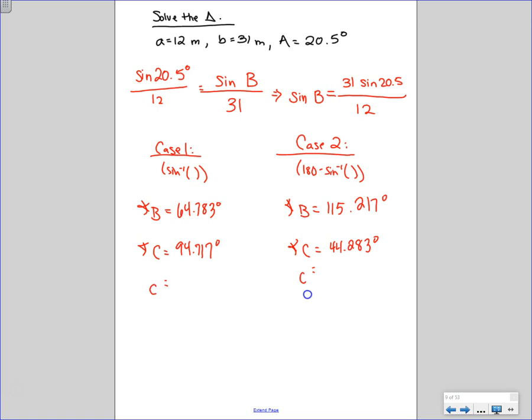You can know there are 2 possible triangles as soon as your second option, your alternate version of angle B, plus the original angle A is less than 180. Booyah, I have 2 possible cases. As soon as my second angle C is not negative, I have 2 different cases.